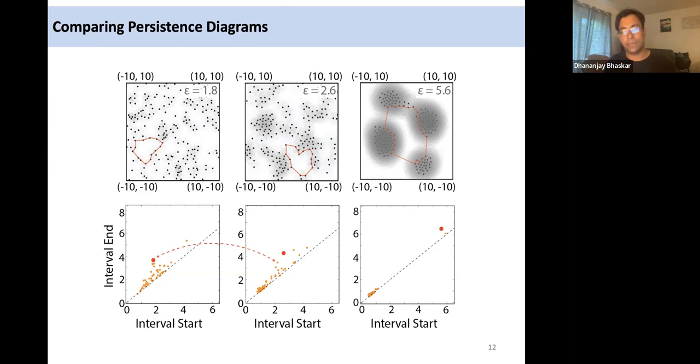So we disregard dimension 0 and we look at dimension 1 homology. So dimension 1 persistent homology tells us the presence of these loops in our data set. And so loops here are going to be cells that enclose some empty space in the tissue architecture.